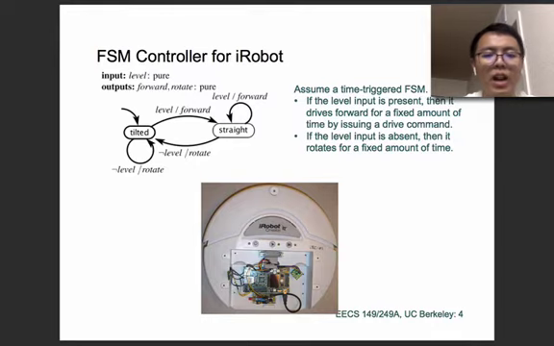Suppose we also have some sensors that take in accelerometer data and tell us whether the accelerometer is level or not. If it's not level, we want to change into the tilted state and rotate the robot. And if moving straight, it becomes not level anymore, so we take a transition into the tilted state and rotate again.